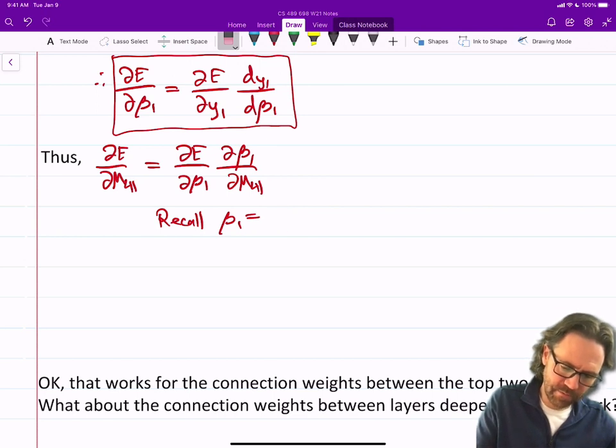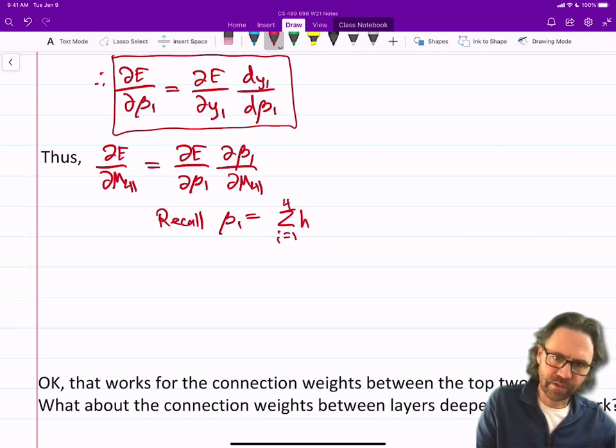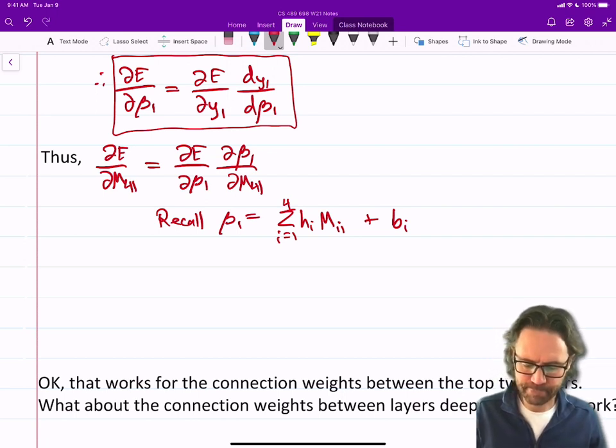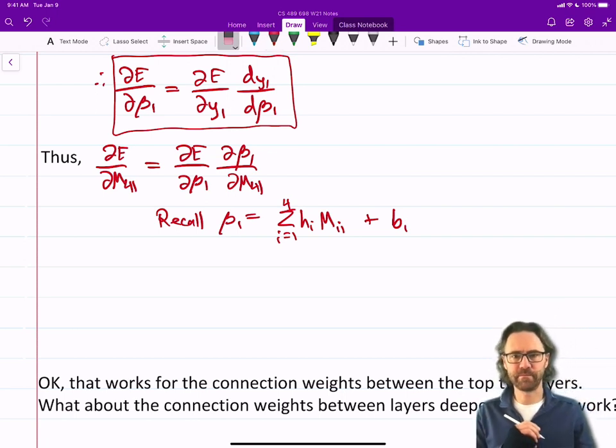So that's the sum from I equals 1 to 4 of HI times MI1, plus bias B1, not BI.